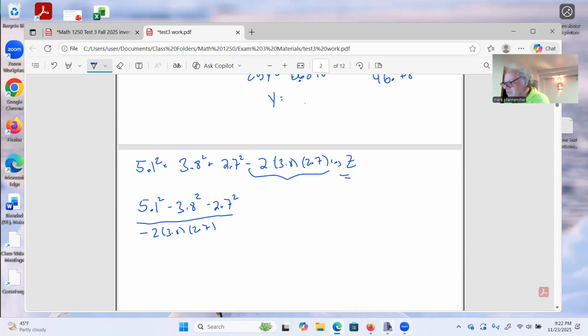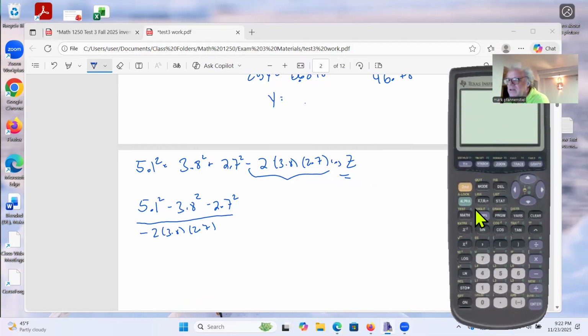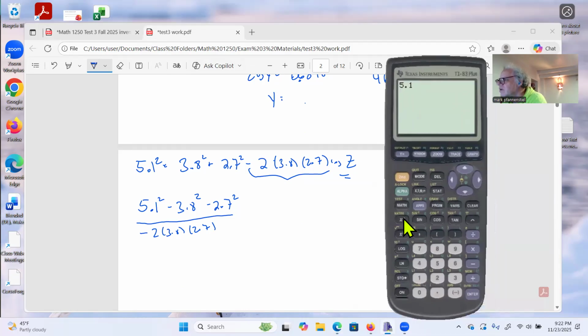Let's jump to the calculator and work through this. Here's my calculator: 5.1 squared minus 3.8 squared minus 2.7 squared.